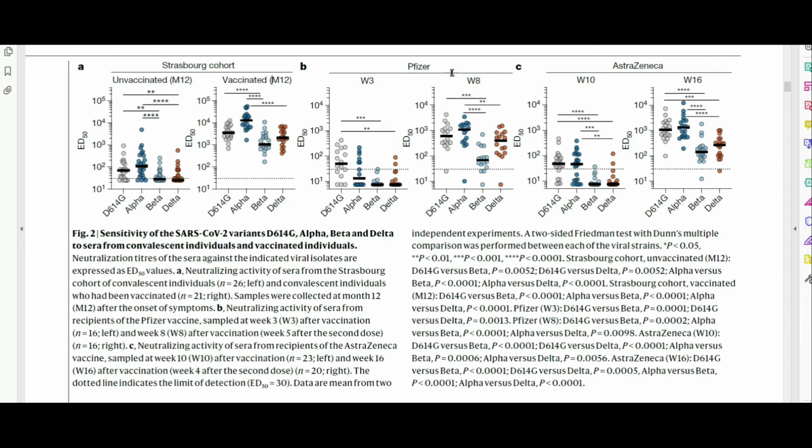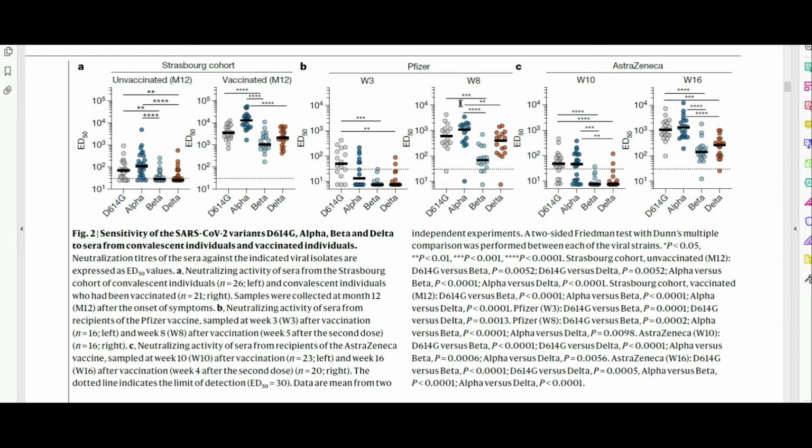These two, B and C, are looking at the particular vaccinations. And so week 3 is week 3 after vaccination, and then W8 is week 8 after vaccination, which is week 5 after the second dose. So essentially what that means is this one here is with just a single dose of the Pfizer vaccine.